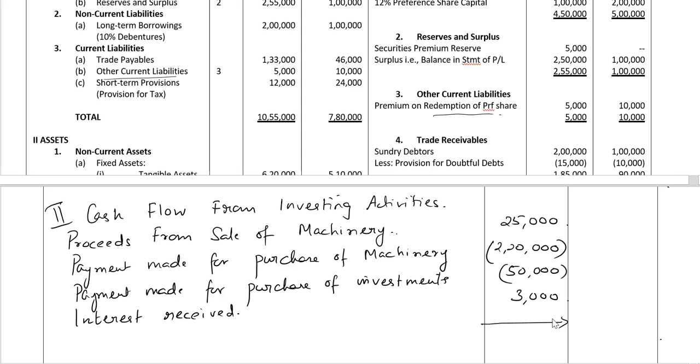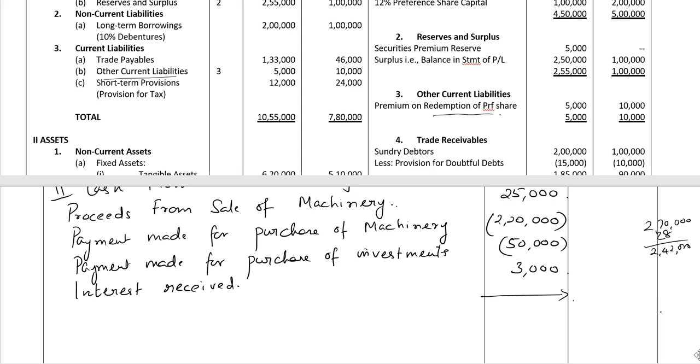The amount to the outer column minus 2,70,000 rupees plus 28,000 rupees comes up to minus 2,42,000 rupees. Cash used in investing activities.